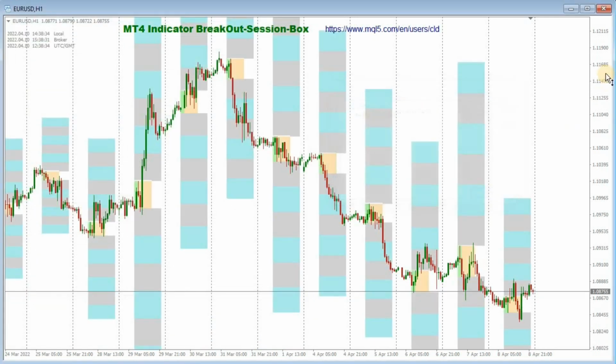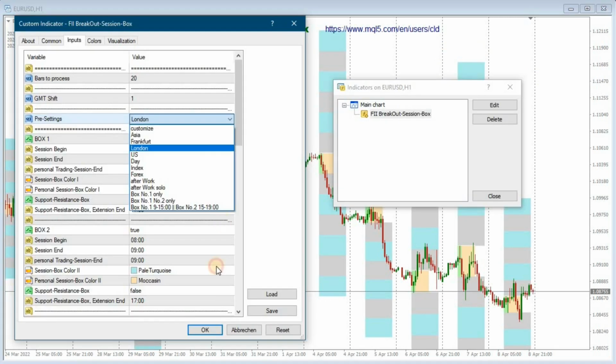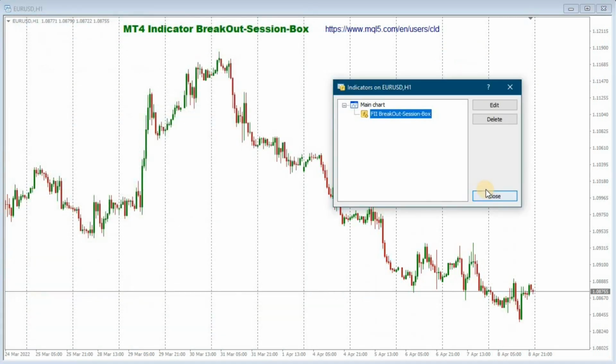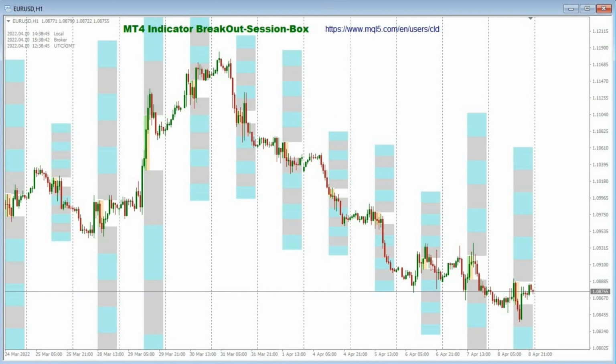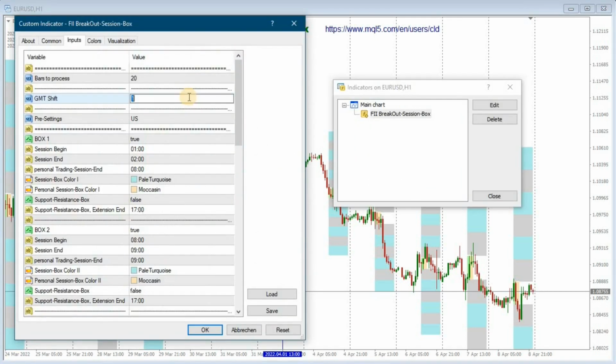The London session. And the US session. And here again the adjustment of the time deviations.